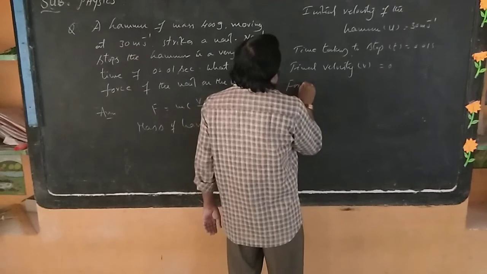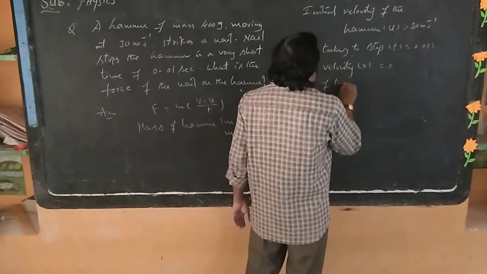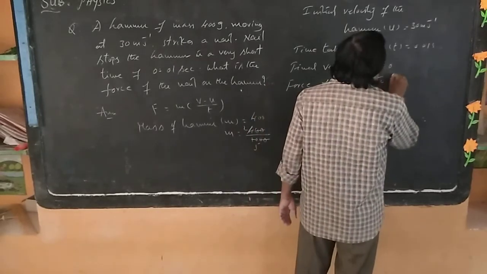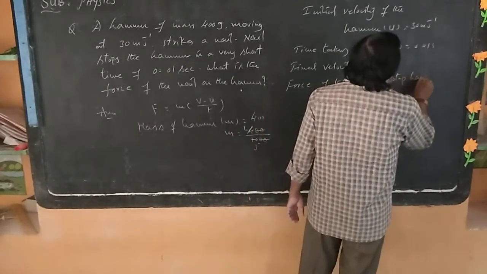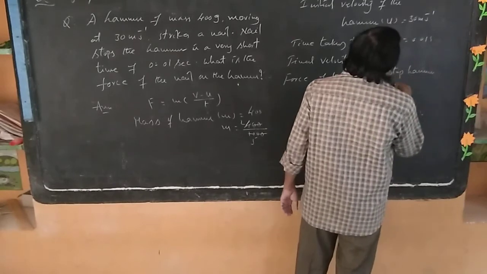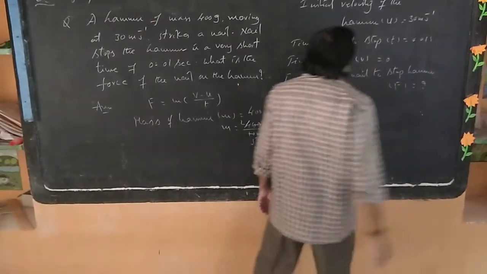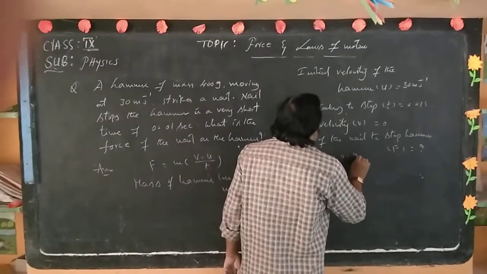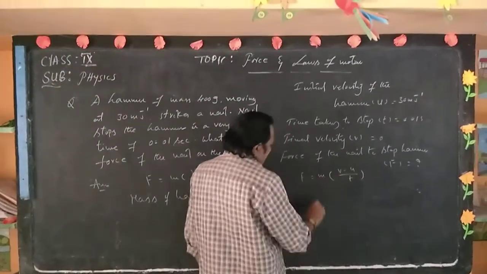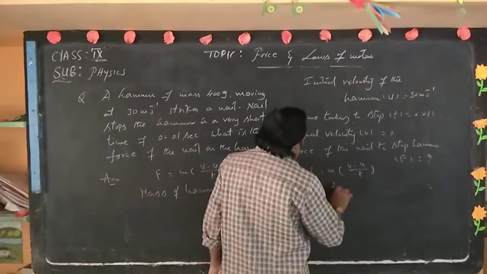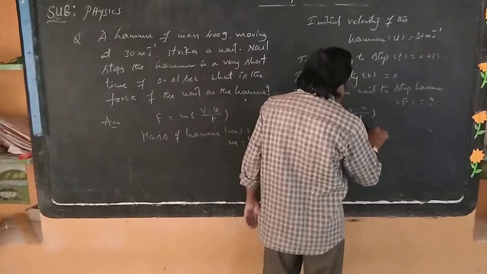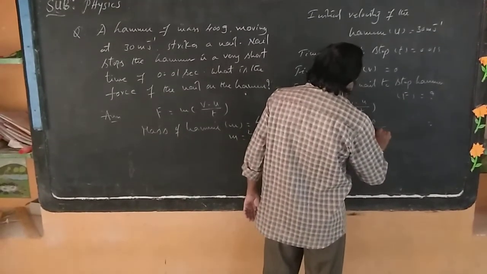Now the force of the nail to stop the hammer, F is equal to how much? Substitute all values in the formula. F is equal to m into V minus U by T. Once again, recall the value: 2 by 5 into 0 minus 30 by 0.01.